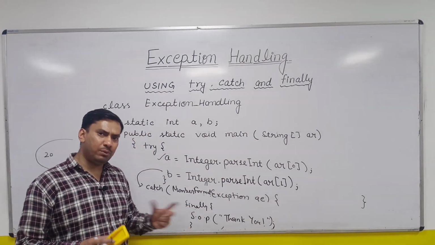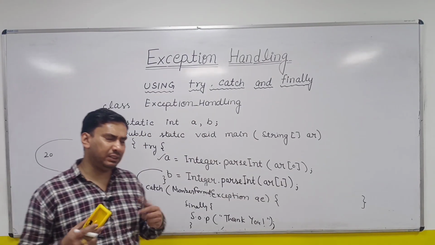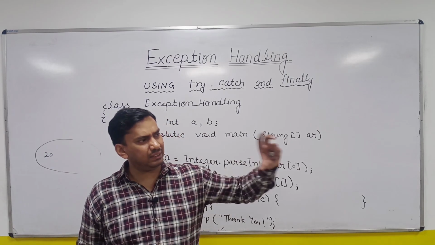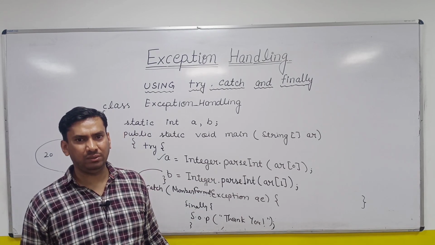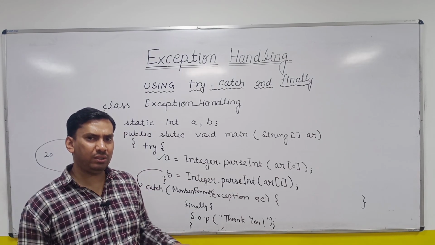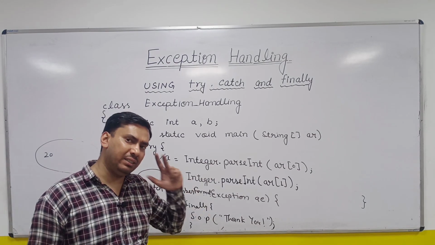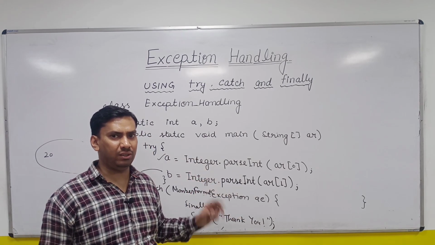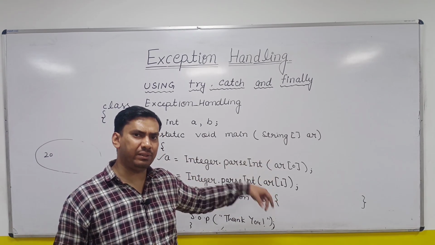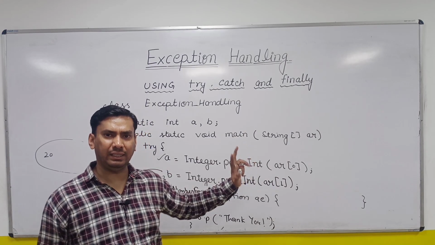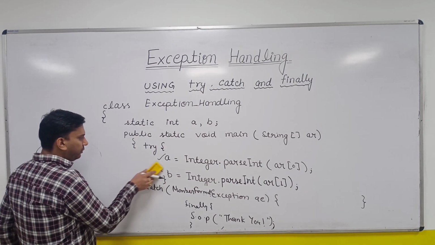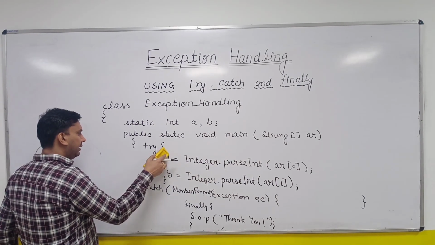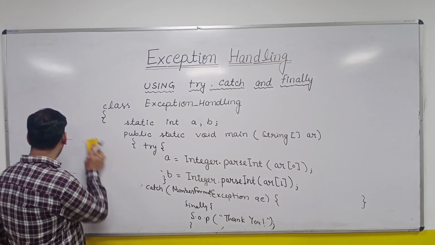So without bothering about this, you should simply say that if this statement is mandatory to be executed, write it in the finally block. Do not put a lot of effort into identifying whether all the exceptions are handled or not. If you feel this statement is mandatory, write it in the finally block. That's it. Okay?